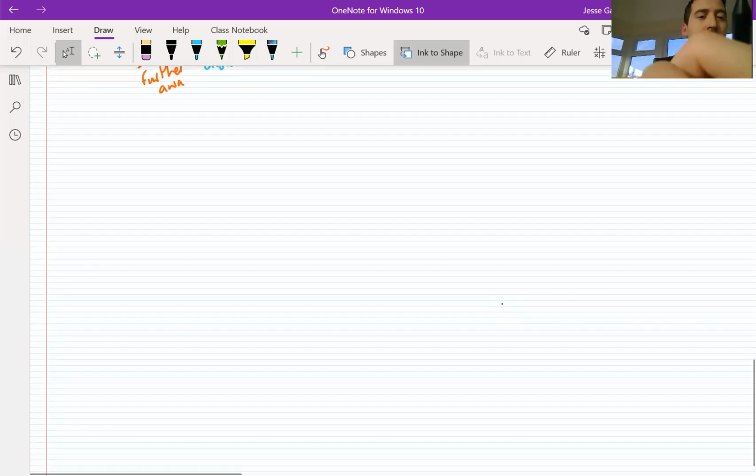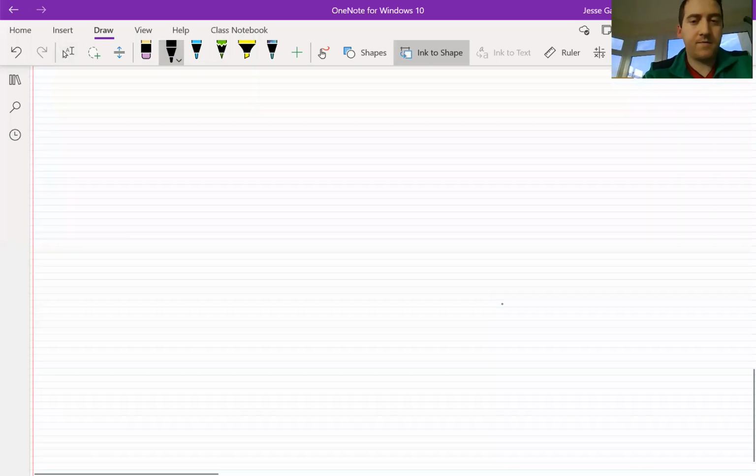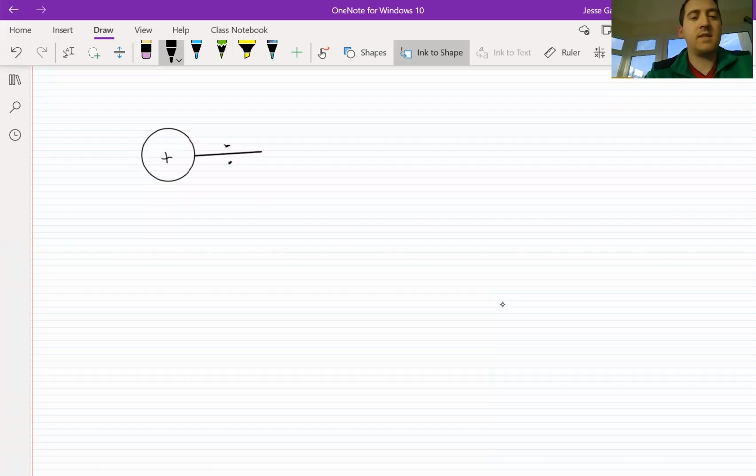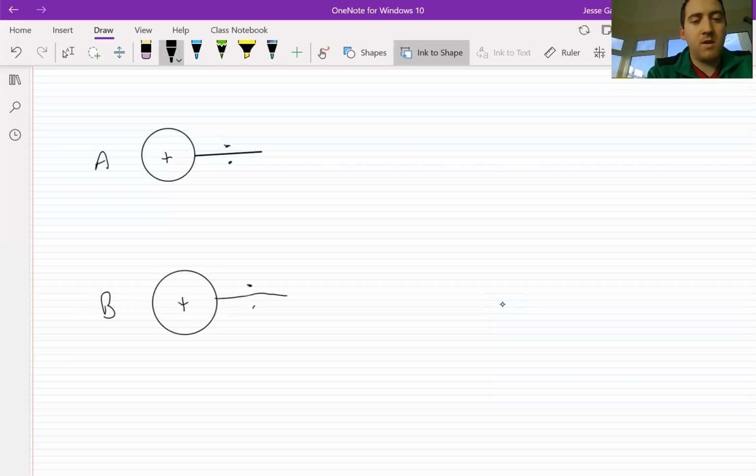The third one I want to consider is if we take two atoms, and we know that, again, the two electrons are going to be attracted to the positive nucleus. Now, say this atom here, this is atom A, and in atom B, we have an atomic radius again, which is similar, and we've got negative electrons.